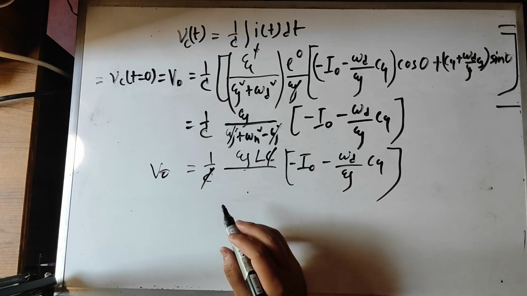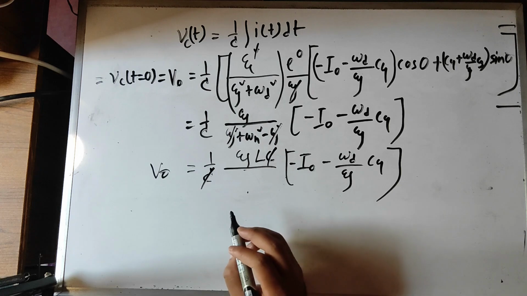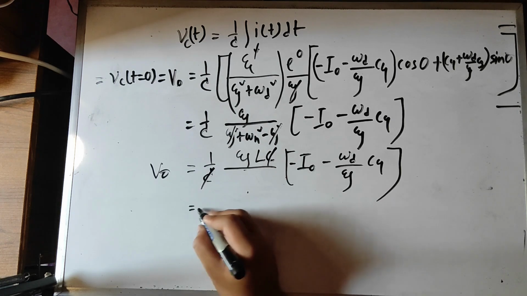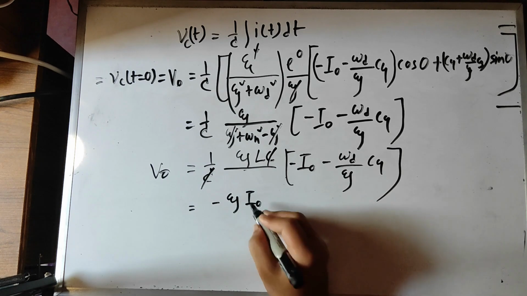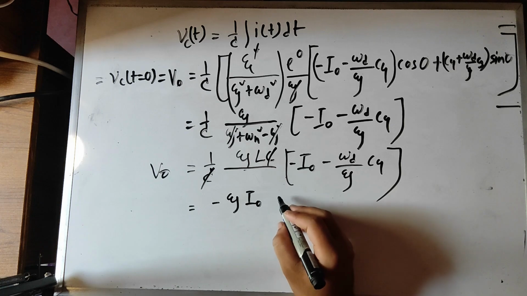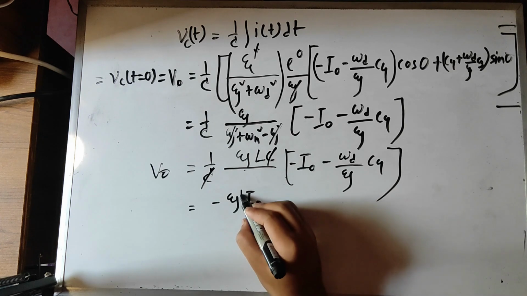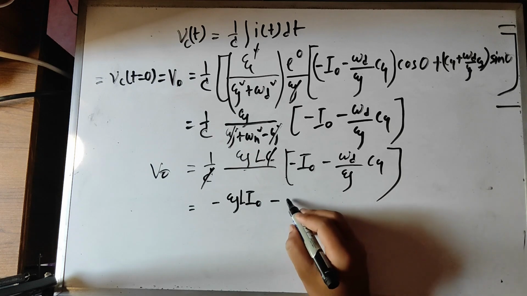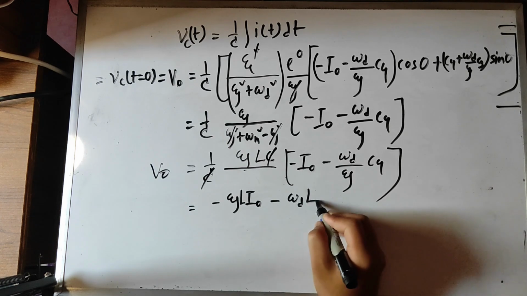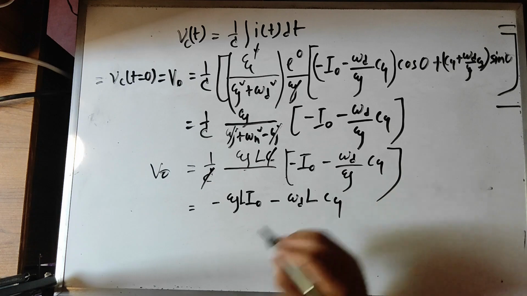Now what we have got is minus zeta I0 L minus omega_d L C4. Zeta will cut out.